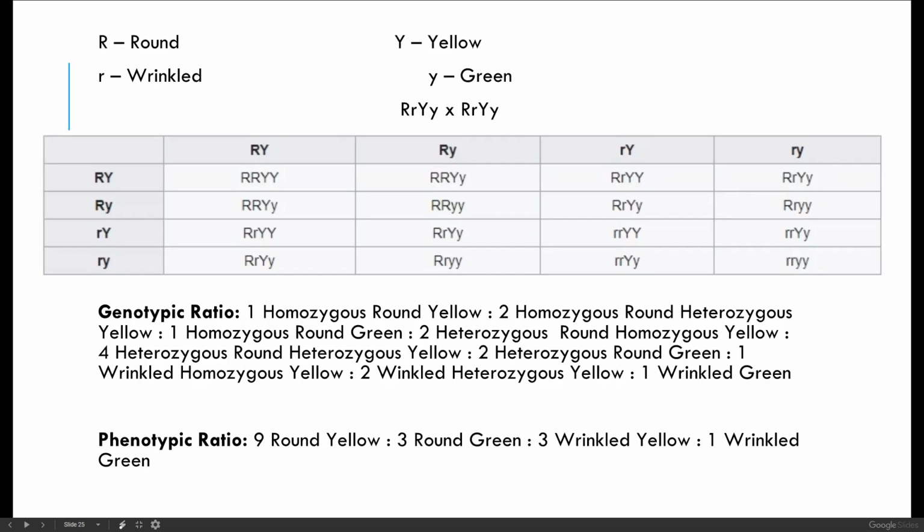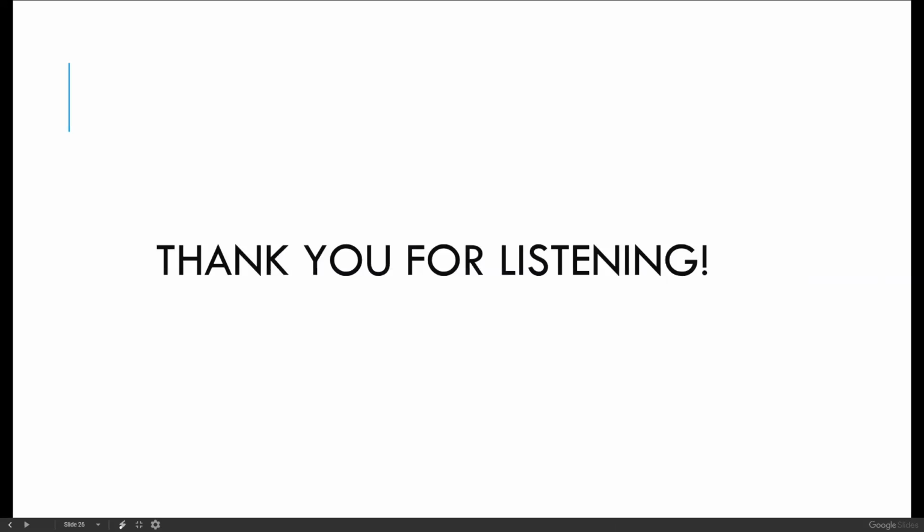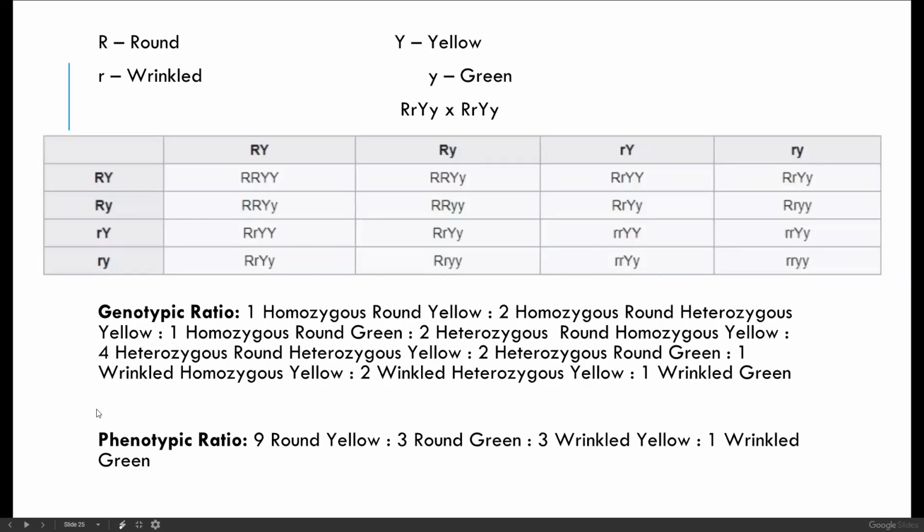Any question with the dihybrid? Please ask questions. Are you sure? Because after this, you will have your activity. I uploaded the activity. Upon checking, I didn't see the activity sheet, so I just uploaded it a while ago and it is already open. Any question again with dihybrid?